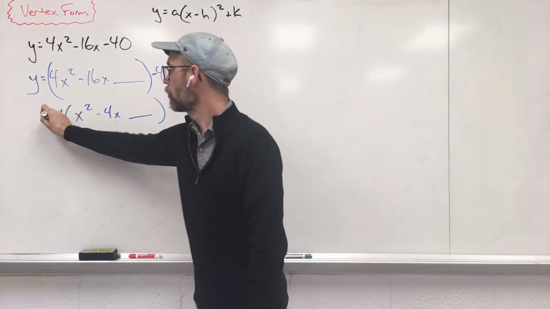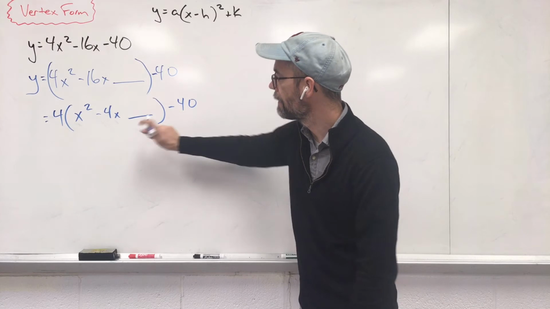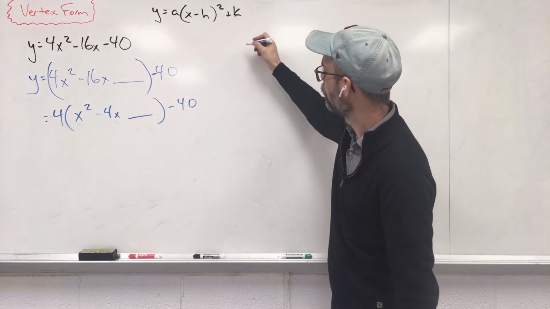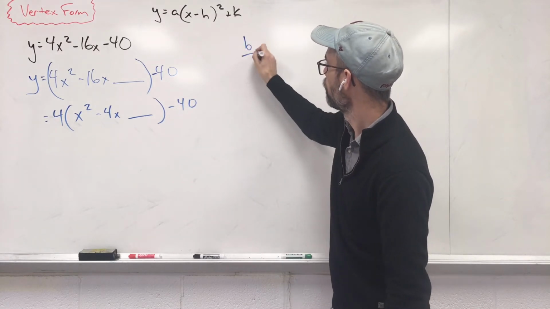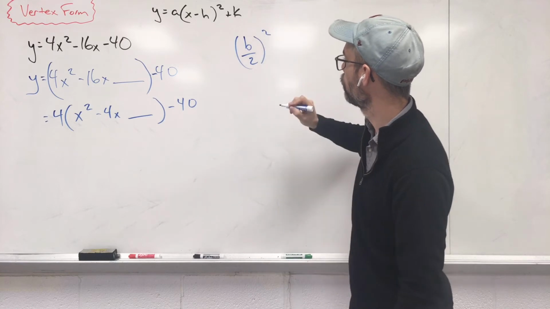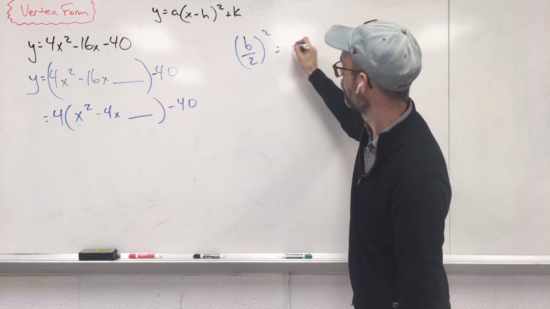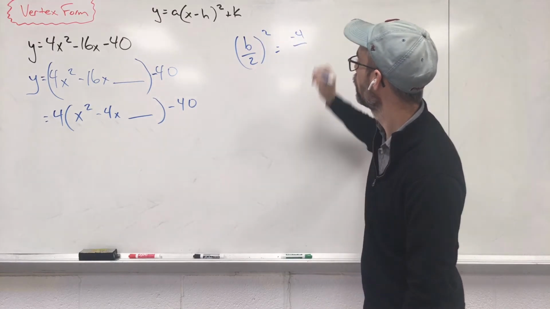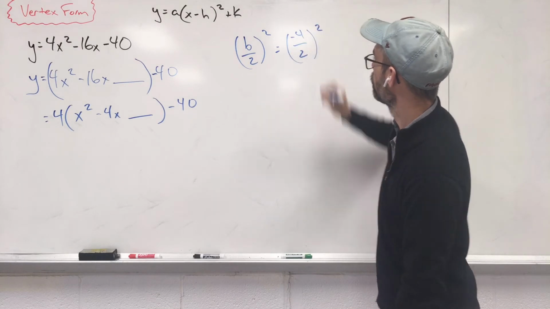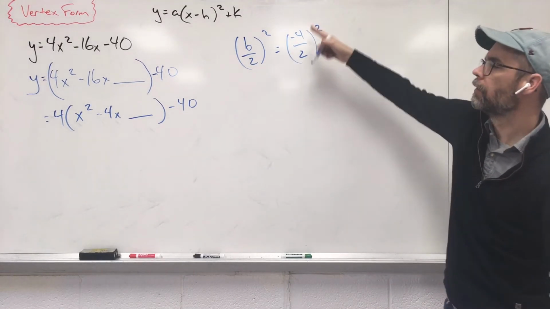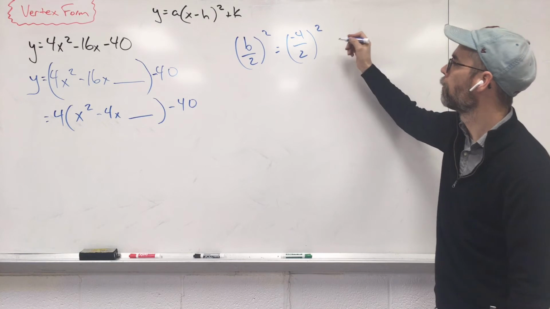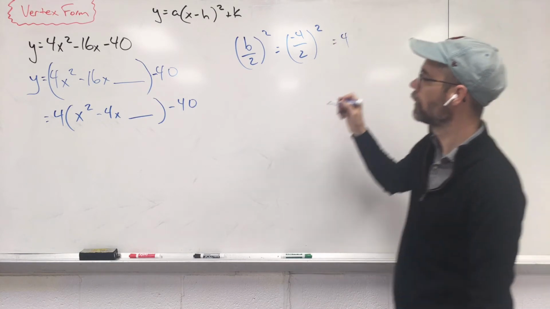Now, in order to find my c value, I'm going to use the formula b divided by 2, squared, which is going to give us negative 4 divided by 2 and squared, which is negative 2 squared, which would be a positive 4.